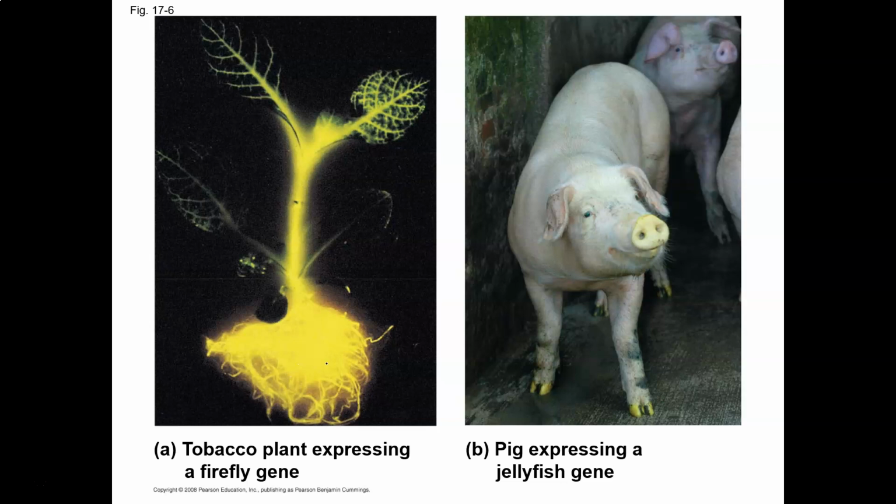So here we see some examples of where they took, for example, a gene from a firefly that allows them to fluoresce, and they put it in a tobacco plant, or jellyfish genes in a pig. So again, this works because the genetic code is basically universal.